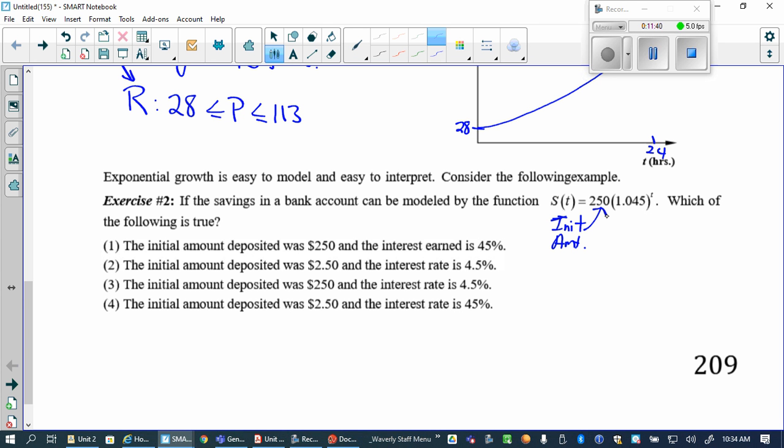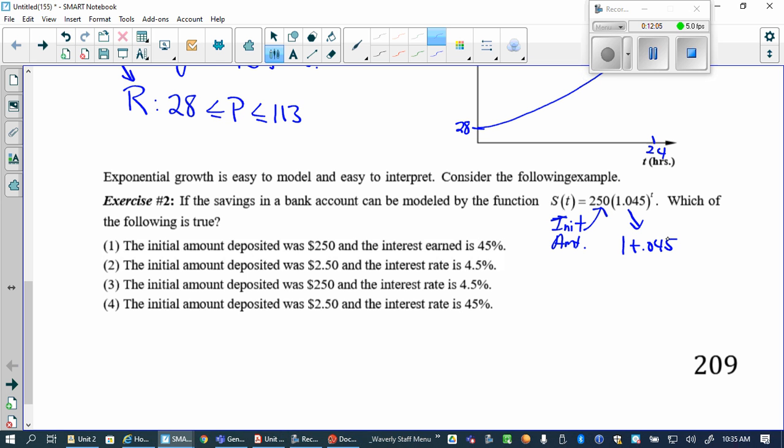What's the interest rate? Is it 1.045? No, it's 1 plus something, isn't it? So wasn't this, remember when we set this up, this was 1 plus 0.045? Yeah. Right? Okay.